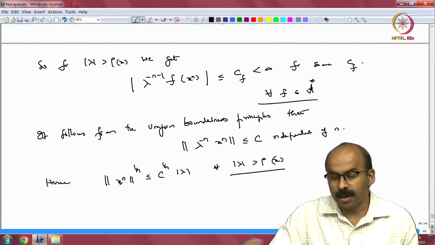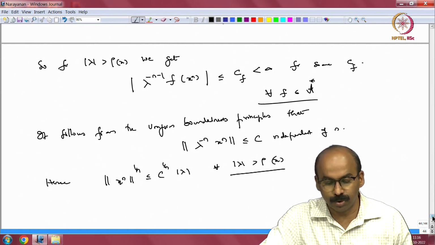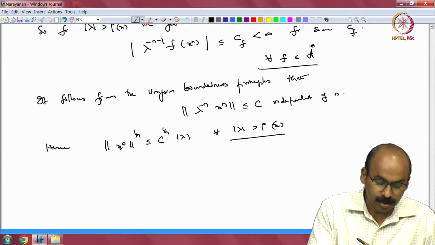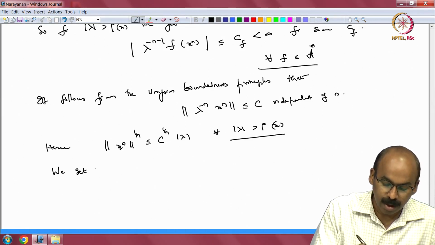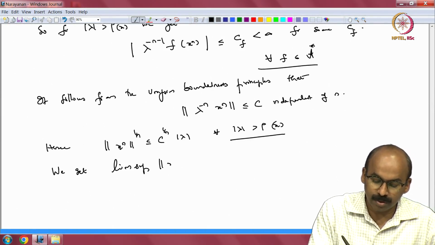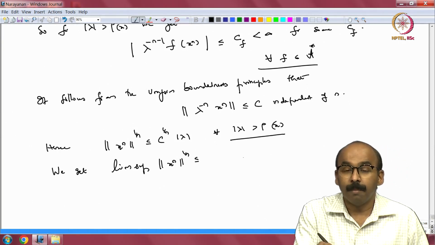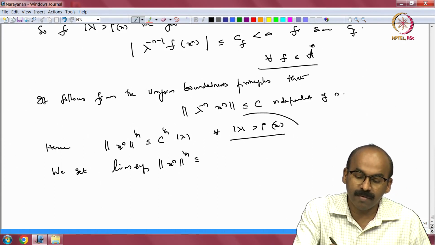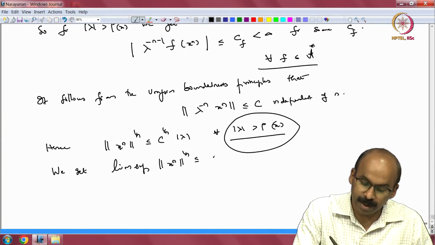Of course, we do not know the limit exists again. So, we simply look at lim sup, right. So, we get lim sup of norm x to the n to the 1 by n is less than or equal to mod lambda, but this happens for every mod lambda greater than rho x, and we will simply get rho x here, right.